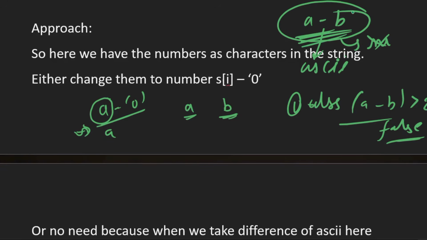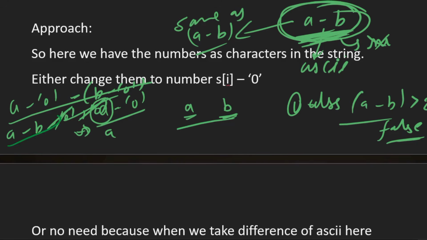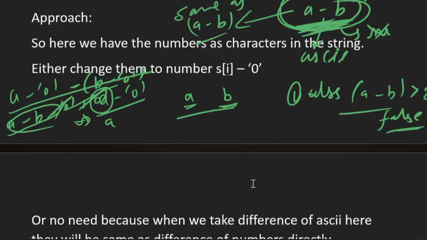So the difference of these ASCII values will be the same as the difference of a and b in numbers, because a in number is a minus character 0 and b in number is b minus character 0, right? So if we solve this equation, it will become a minus b minus character 0 plus character 0. So this will get cancelled out, so we can directly take the difference a minus b, right?